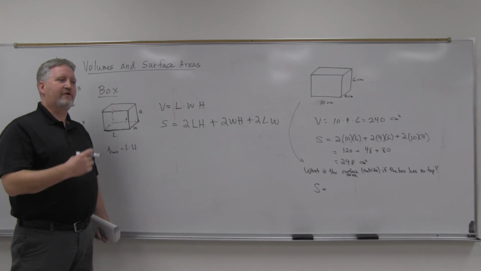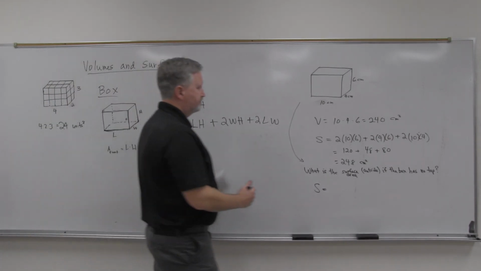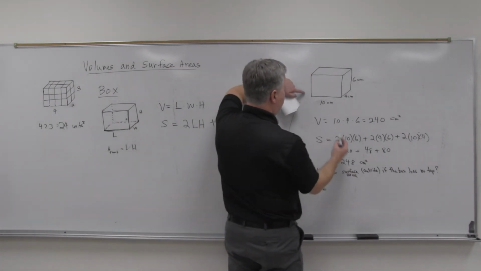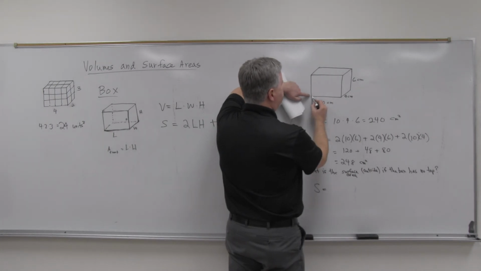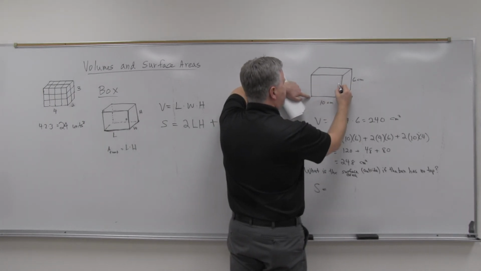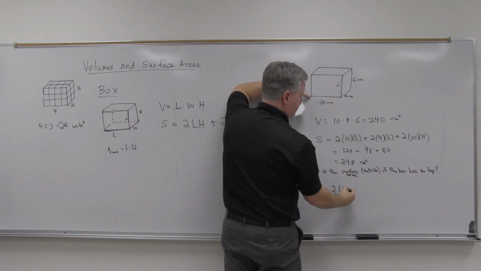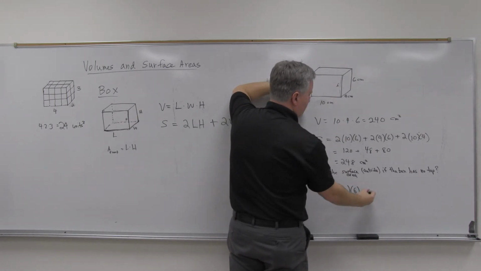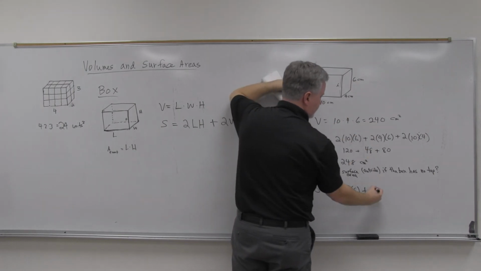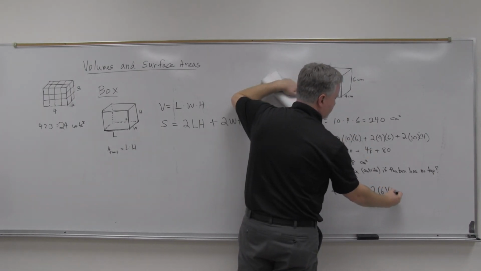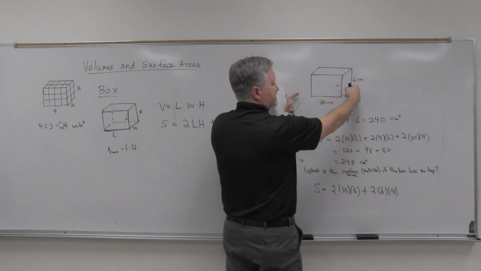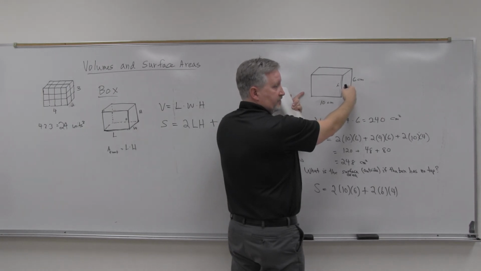All right, so if I don't have a top, I've got front and back, I've still got 2 10 by 6s, right? I still got a front and a back, so I still have 2 of those. I still got 2 sides, so I still have 2 times 6 times 4, right? The sides are 6 by 4 sides.